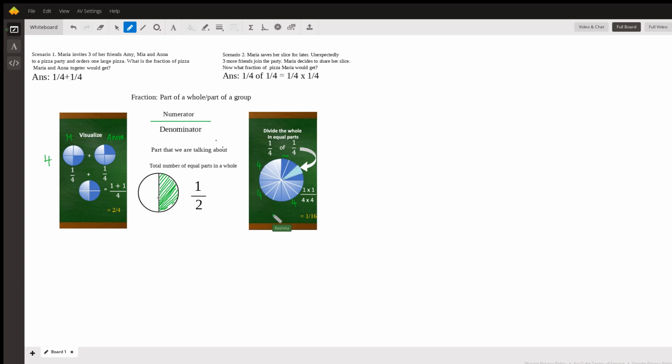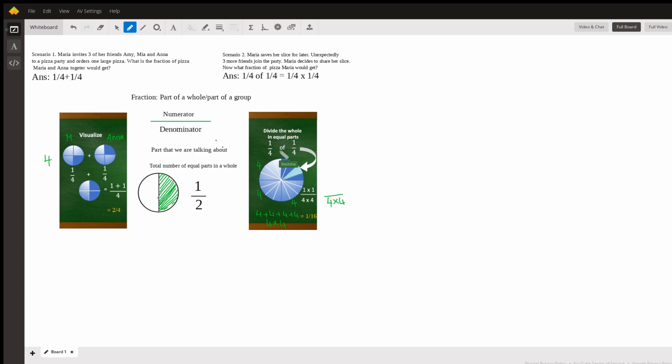Now how many equal parts do we have? We have 4 plus 4 plus 4 plus 4, which is 4 times 4. So our denominator, the total number of equal parts in one whole pizza, would be 4 times 4.